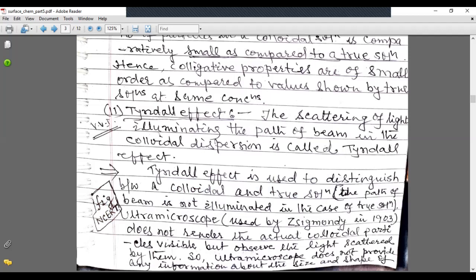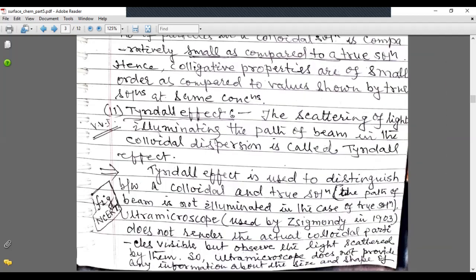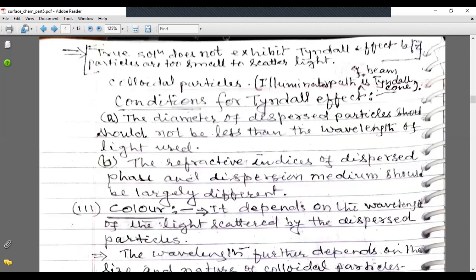Whereas in a colloidal solution, the size of the particles is comparatively larger, and because of that, they scatter the incident light to illuminate their propagating path. So this is the best way to distinguish between a true solution and a colloidal solution. And the diagram is given in NCERT. From there you can learn how to sketch the diagram.